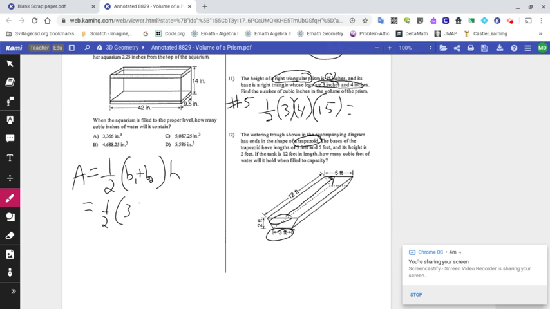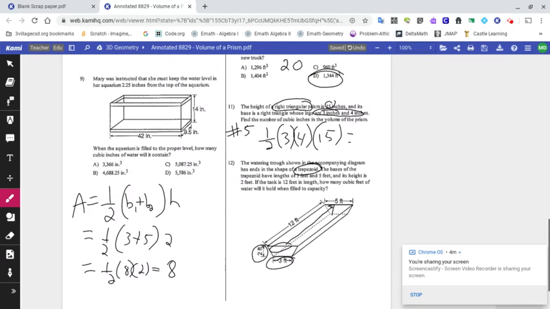So it's 3 plus 5. And then the height of the trapezoid is this 2. See how it's measured perpendicular to the base. That measures the height of the trapezoid. So we get 1/2 times 8 times 2, which is going to give me 8. That's the area of that trapezoidal base.